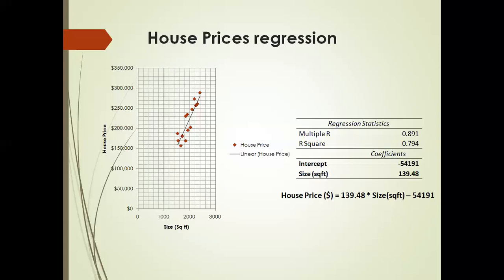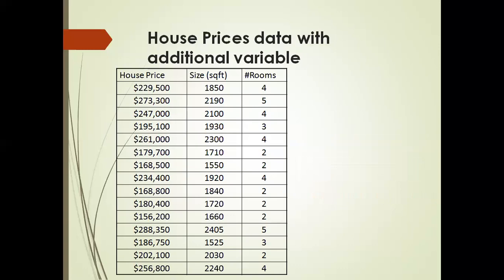Okay, so here we have one more column. What is this one more column? House price data with the additional variable. For the existing data, suppose we add one more variable, which is nothing but the rooms. If we add rooms, does the house price increase or decrease?